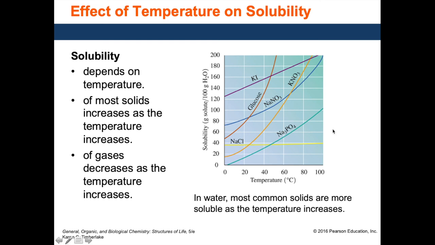Now, the rate at which that changes is different for different solutes. And so you can see that all of these lines have different slopes. But the important thing is to realize that all of these slopes are positive slopes. As our temperature increases, our solubility value also increases. Okay, so that's just something to keep in mind for solids.